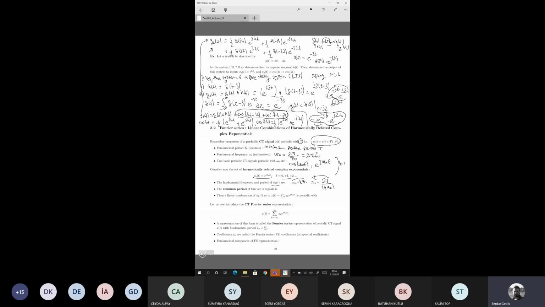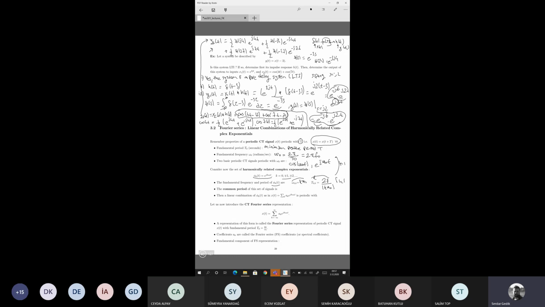Remember, any multiple of the period is again a period of the signal, so if I multiply this by k, it does not change. This 2 pi over omega 0 is a period of phi k, not the fundamental period, but a period. If a signal is periodic with 2, it's also periodic with 4, and with 6.